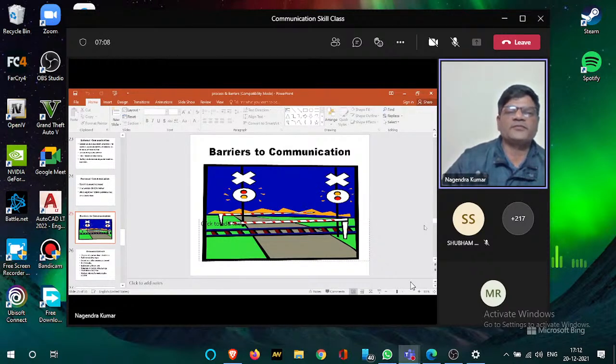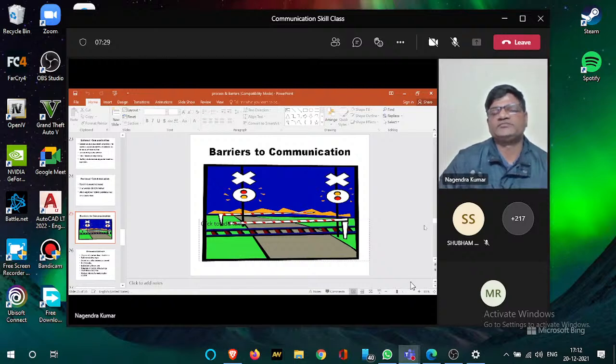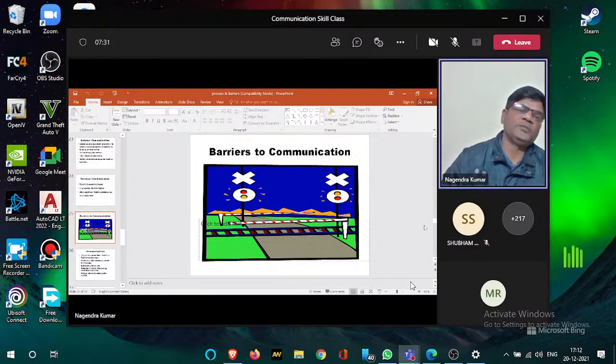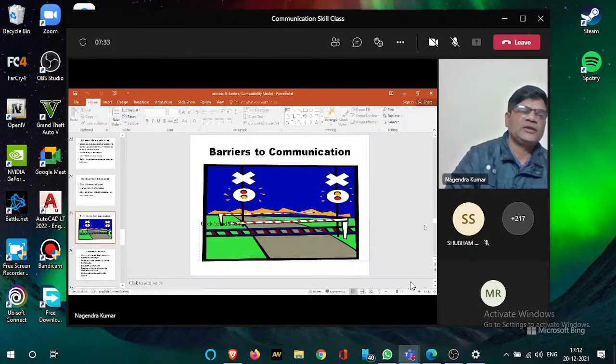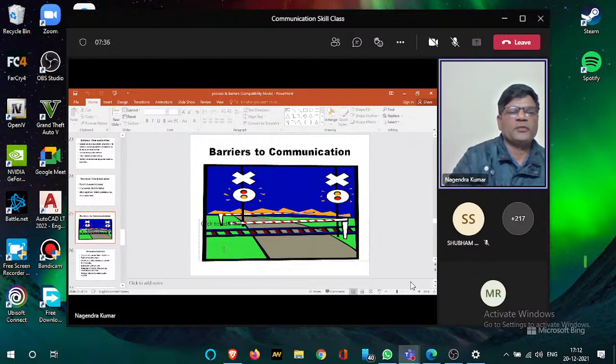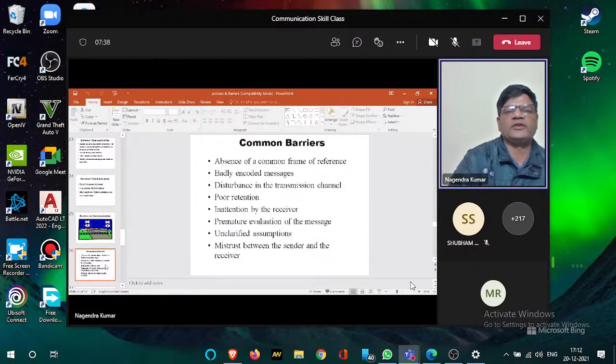And this is because of so many internal and external factors, so many factors that are not within our control. However, if we increase our awareness of the process of communication, many of these barriers can be controlled, can be taken care of. So first of all, let me talk about the common barriers.